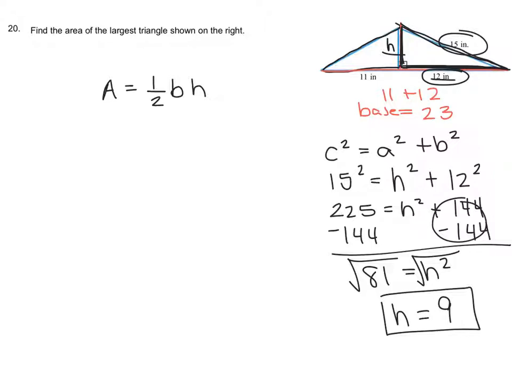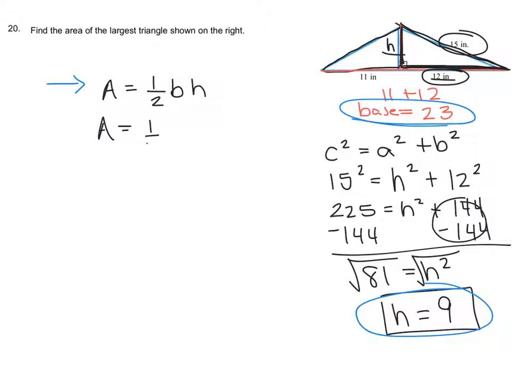Now I know my value for the base of the large triangle and the height of the large triangle. So I'll just plug that into the formula for area of a triangle and solve. I get A equals 1/2 times 23 times 9. 23 times 9 is 207.